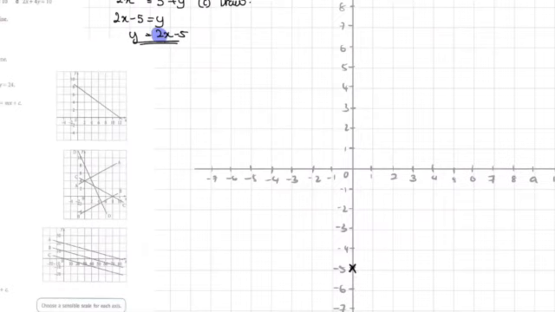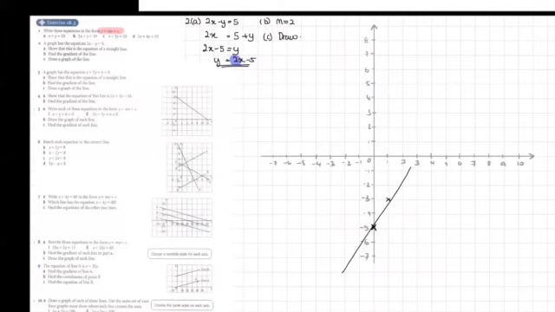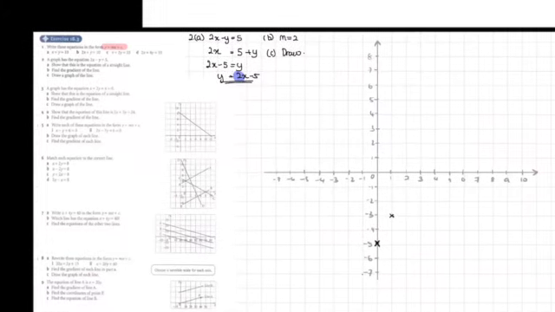When x = 1, 2 times 1 is 2, 2 - 5 is -3. So I can just redraw my line. This is my line, y = 2x - 5.